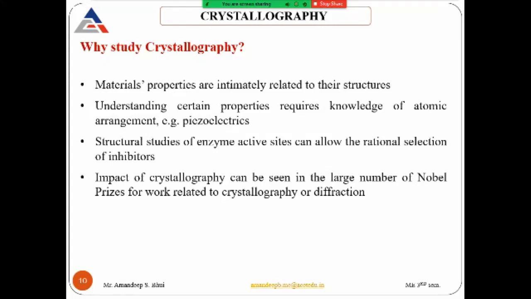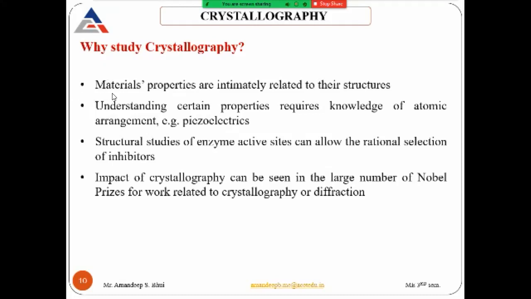In the body, if uric acid is formed at a higher rate and is not flushed out through the kidneys, that uric acid forms crystals, and the crystal growth takes place within the joints. So by studying the growth of crystals, we can go for inhibitors. We can take that particular medicine and get rid of those crystals. So the study of crystallography is very important.